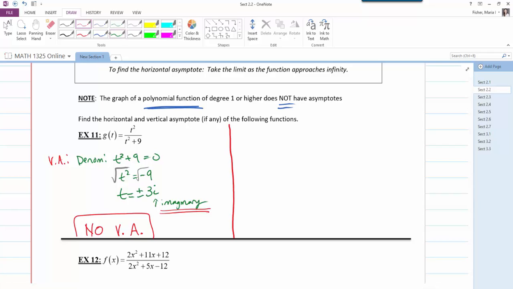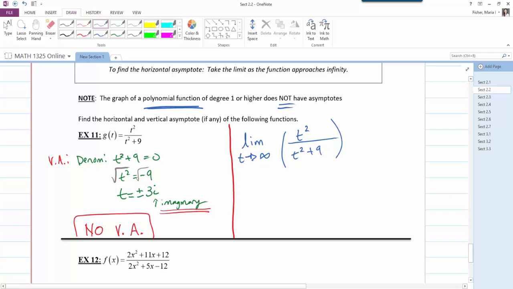What about horizontal asymptotes? Well, to find horizontal asymptotes, we're going to take the limit as t goes to positive infinity or negative infinity, either one, of our function t squared over t squared plus 9. Well, this is a rational function. How did we deal with that? Well, we said what we needed to do is look at the highest term in the numerator and the highest term in the denominator.